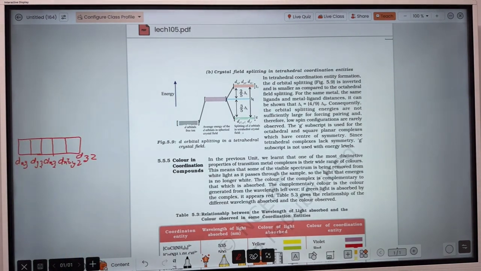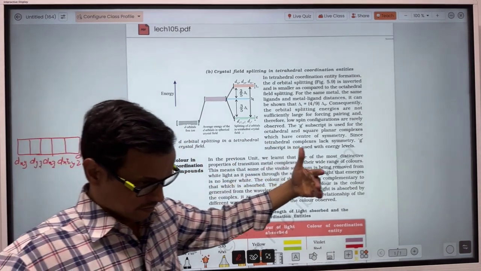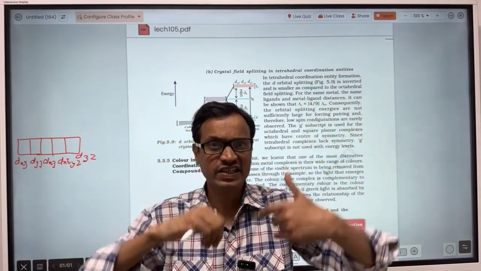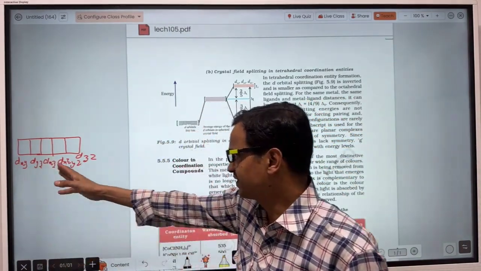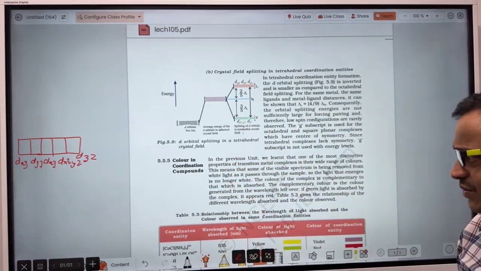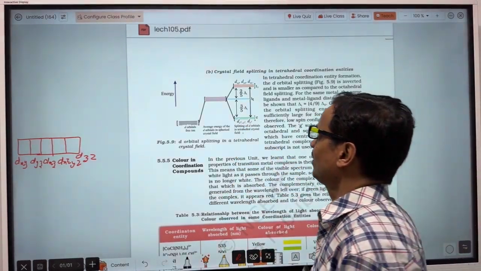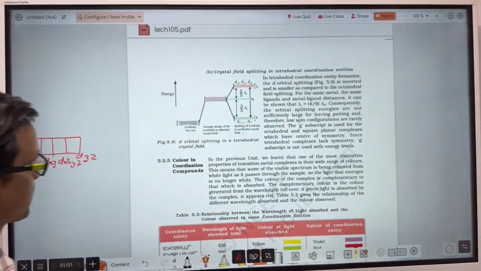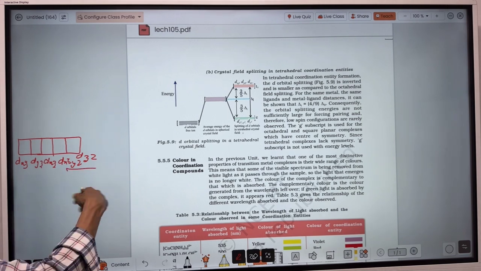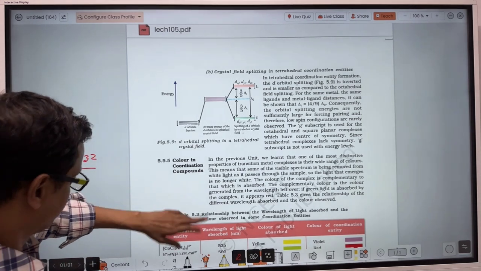So what happened? The dx square minus y square and dz square will be towards the axis of the ligand. So the energy of dx square minus y square and the dz square increases by 3 by 5 delta O, and the energy of dxy, dyz and dxz decreases by 2 by 5.